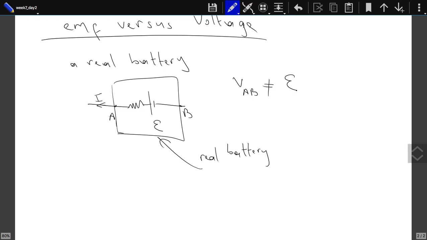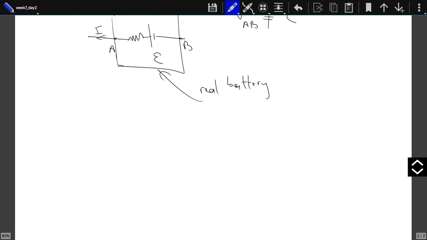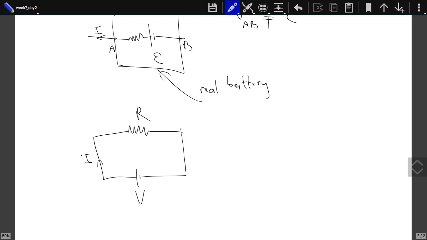Let's do a few examples. Let's first look at an ideal battery, where the EMF and the voltage don't really have any difference. Now, how can we determine the current?